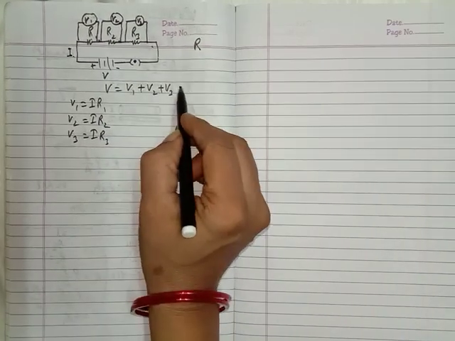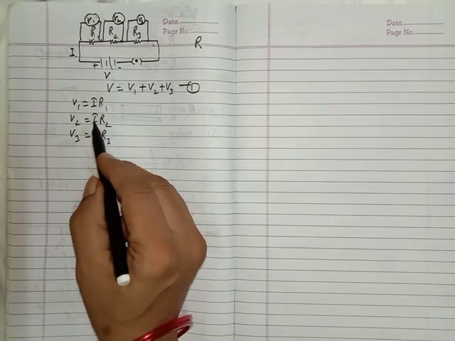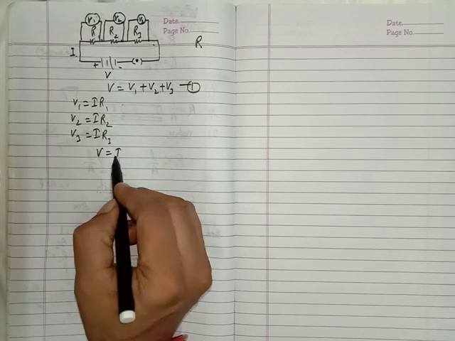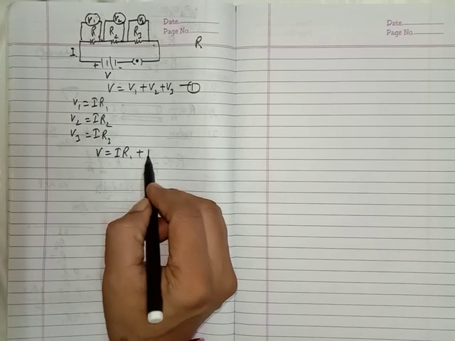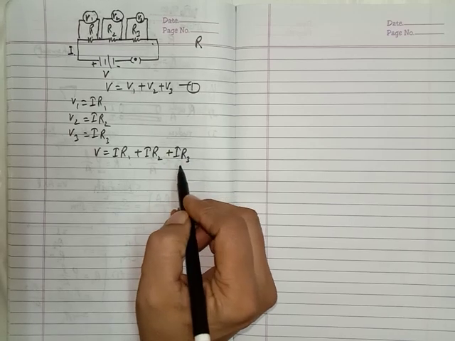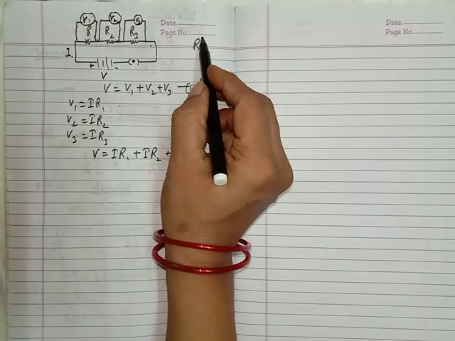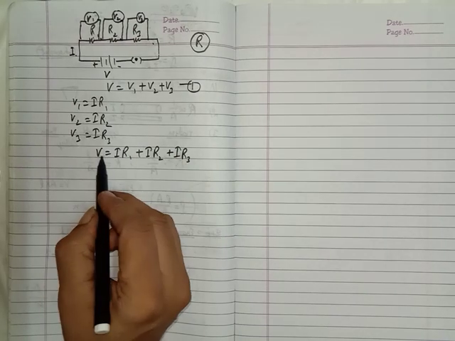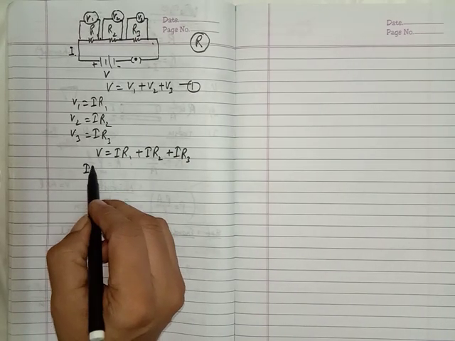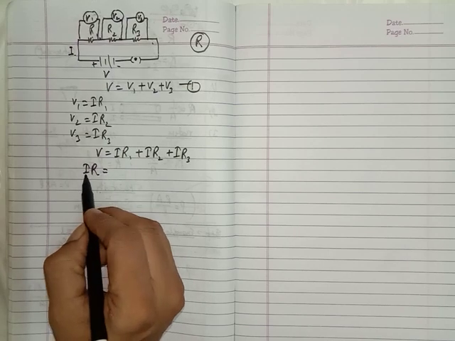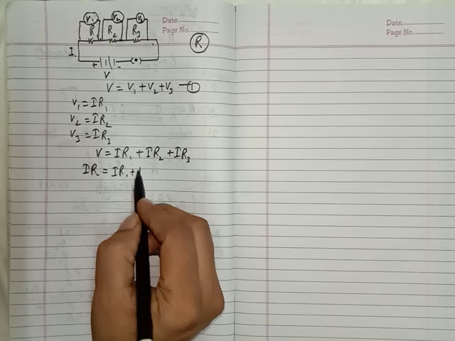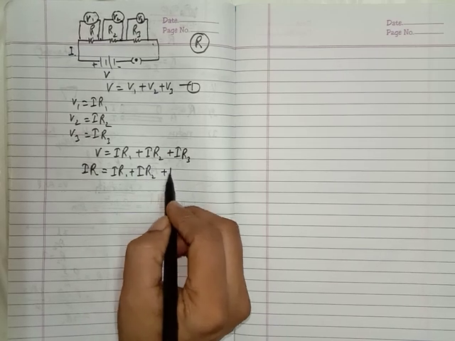Now put the values of V1, V2 and V3 in this equation for V. V is equal to IR1 plus IR2 plus IR3. Now suppose the total resistance of the circuit is R. So we can write V is equal to I into R, where I is the current in the circuit and R is the total resistance, equal to IR1 plus IR2 plus IR3.